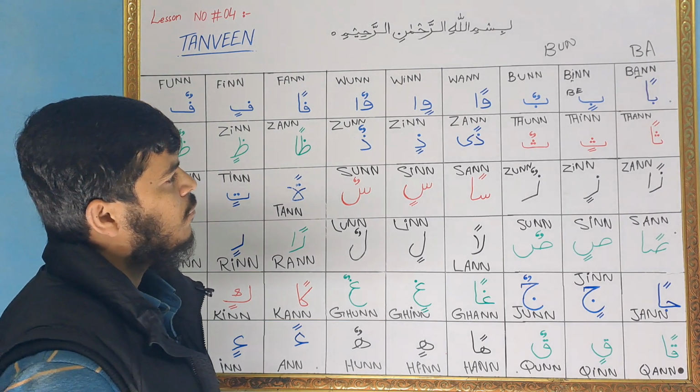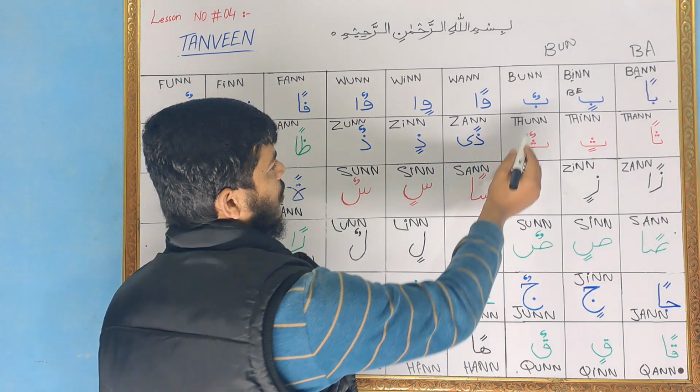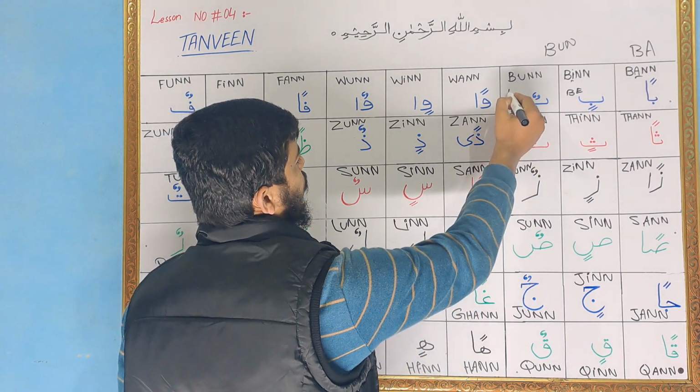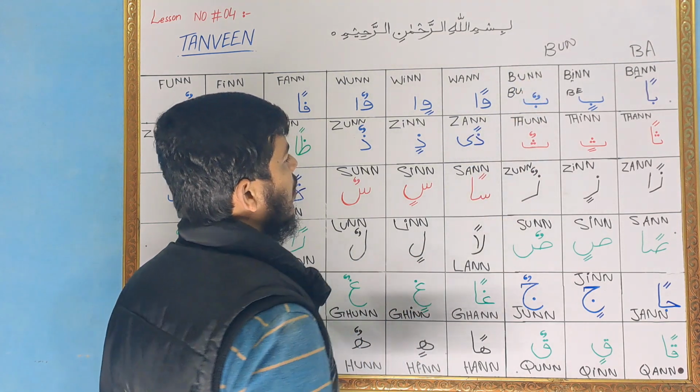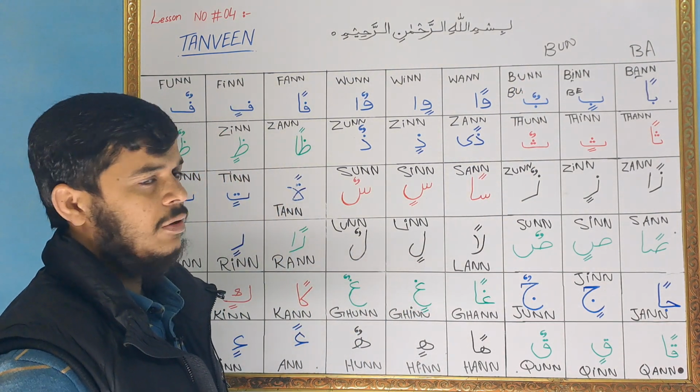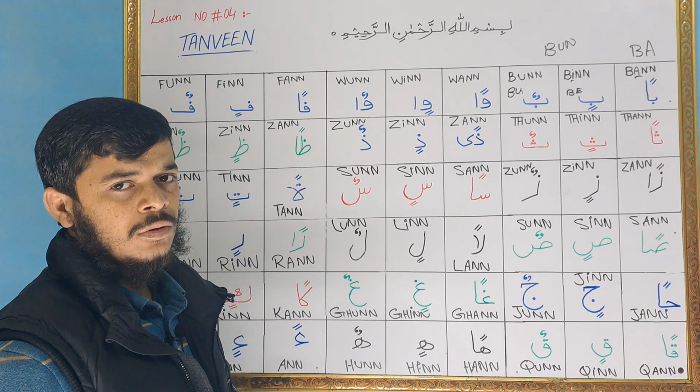Now we move to the next one: ba dhammah is called bu, okay, and ba double dhammah will be called bun.